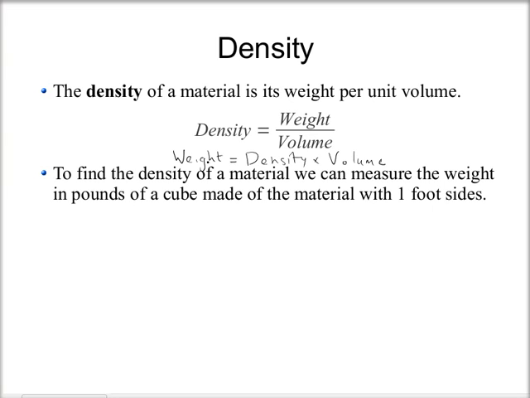To find the density of a material, we can measure the weight in pounds of a cube made out of that material with 1 foot sides. So what does that mean?